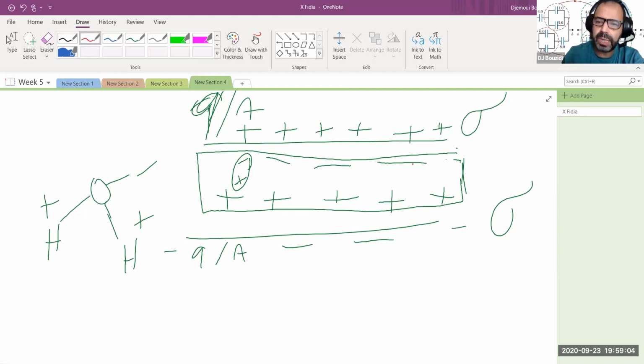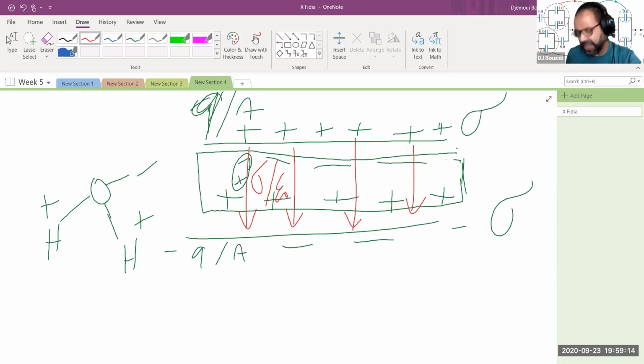But now that I have induced charges inside the non-conducting material, I have created another electric field that is induced by this electric field. This is the other one that is induced.